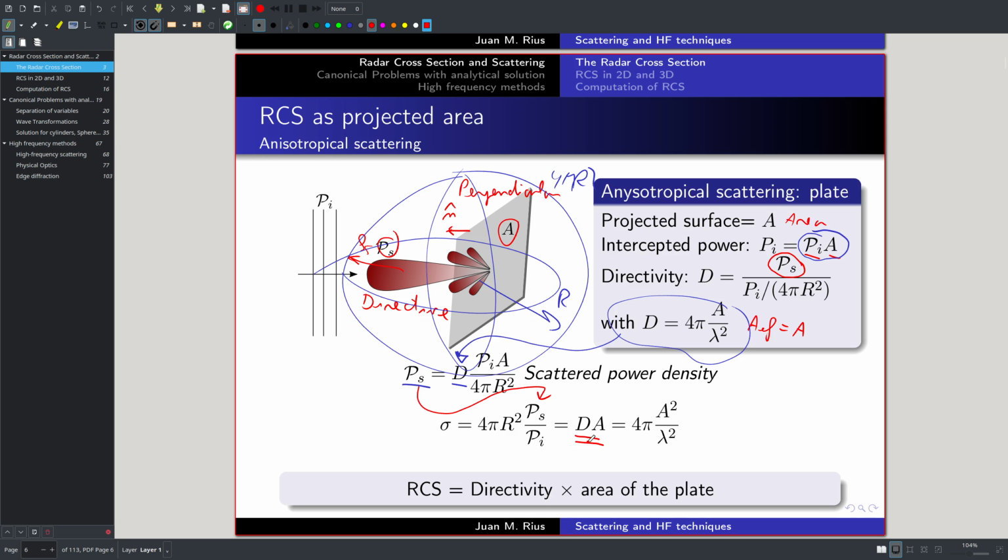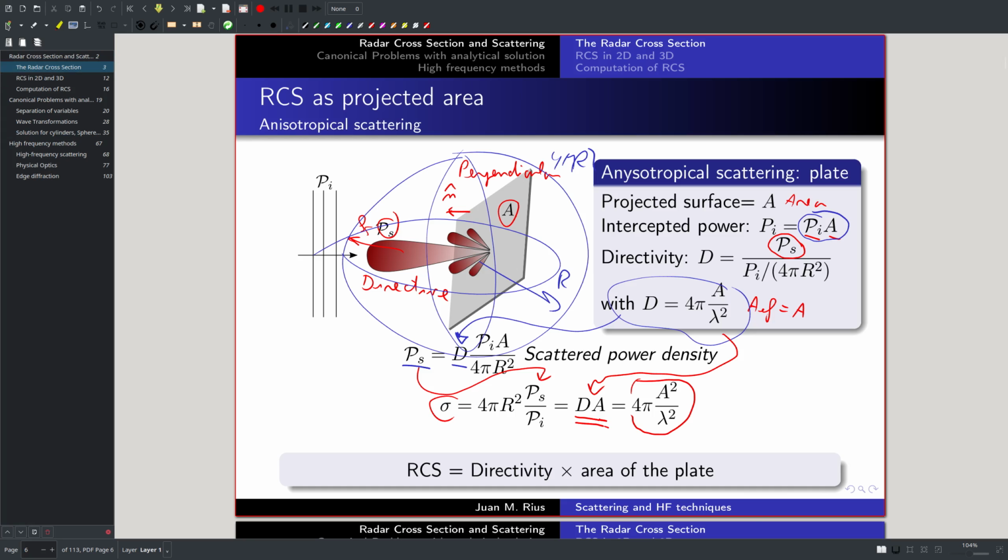radar cross-section of the flat plate with perpendicular incidence is equal to the directivity of the plate times the area of the plate. And substituting the formula for the directivity of the plate, we get that the radar cross-section of the plate is equal to 4 pi times the square of the area of the plate over lambda square.